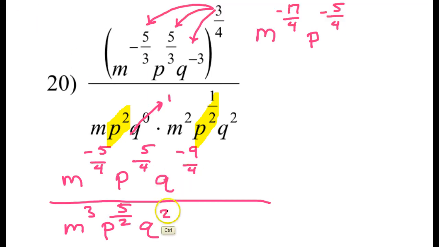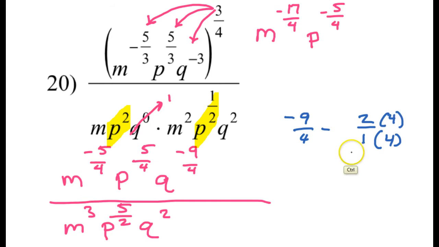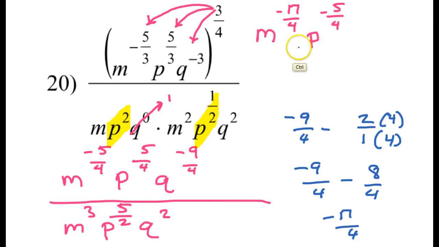Alright, now I need to do the same thing with the q's. So I need to do negative 9 fourths minus 2 over 1. I will make these like denominators, so that's negative 9 fourths minus 8 fourths, which is negative 17 fourths. That's what we had for the m.